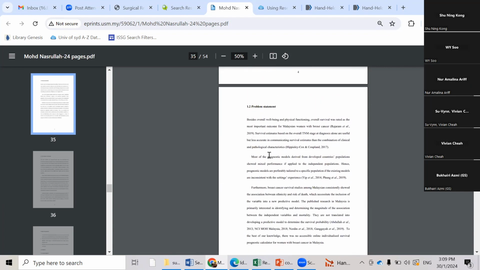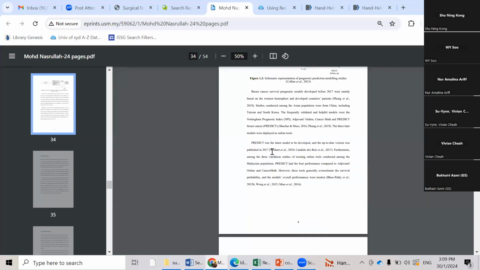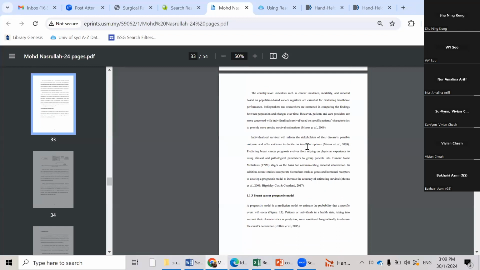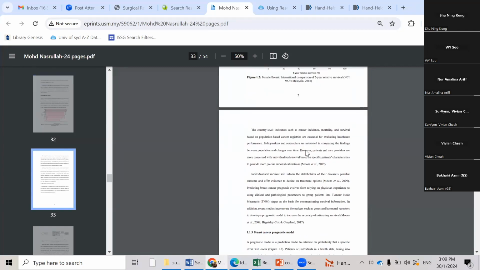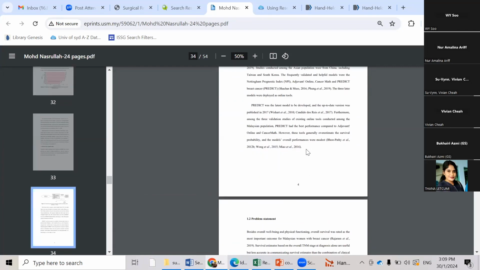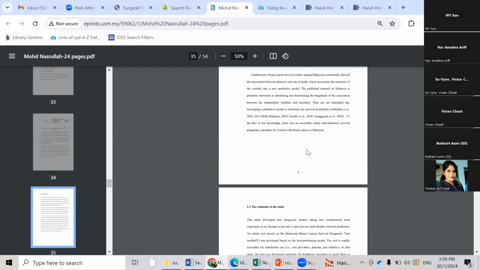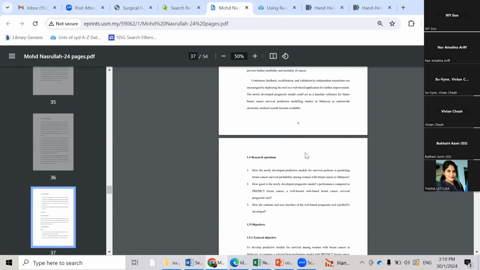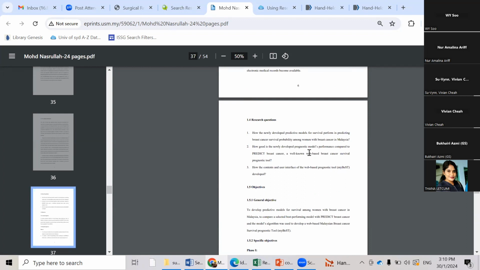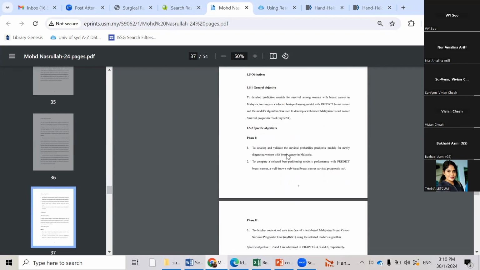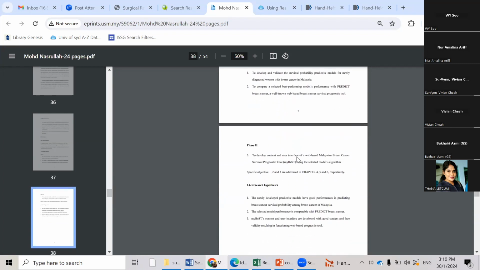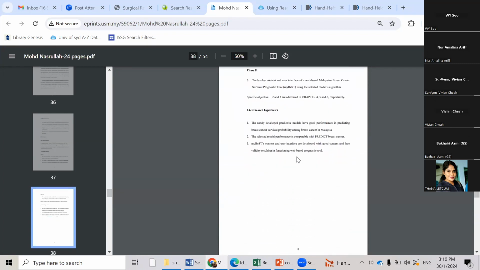What you have learned earlier: you have your background, and then you will have your research problem, your problem statement, and then the rationale of the study, the research questions, your objectives. You have general objectives, maybe specific objectives. It really depends on your research area. And then of course you will have your hypothesis.